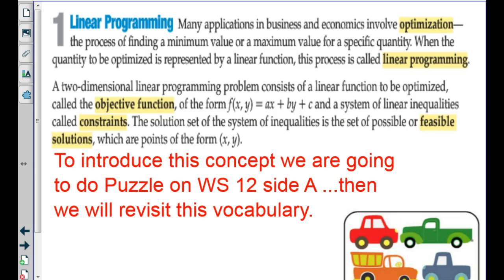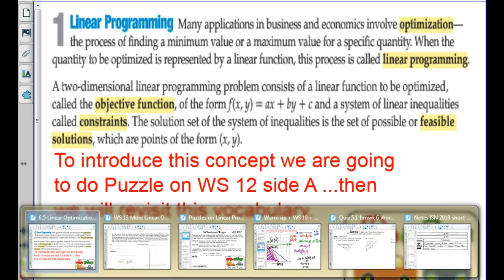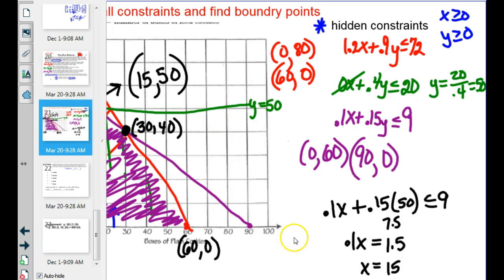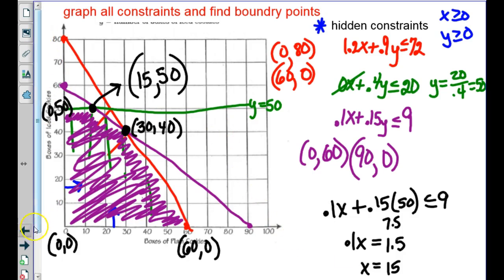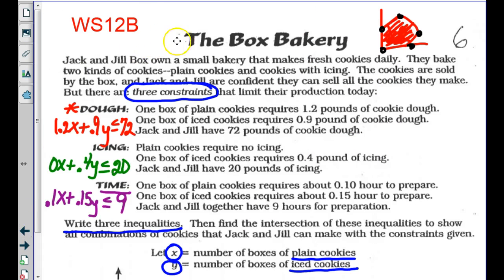Okay, so yesterday we were talking about this question. Let me go back over this. Okay, bakery box, remember this question? Okay, so the constraints were our inequalities. All right.